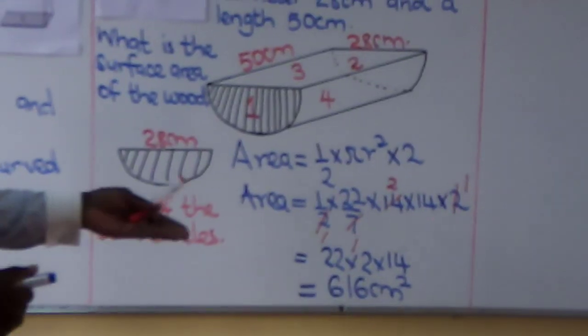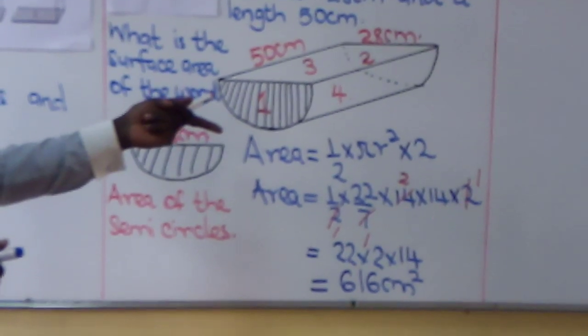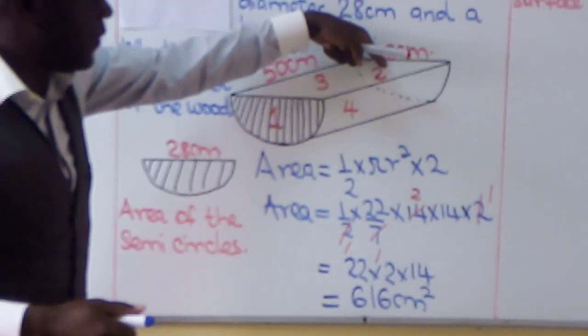And that is the area of the two semicircular ends, this one and that one.